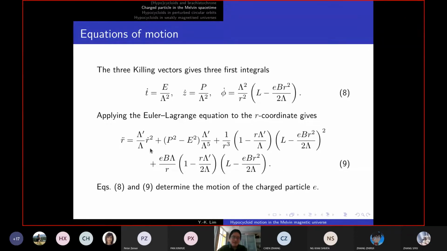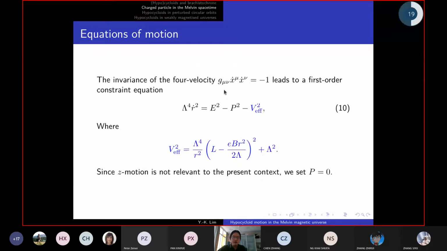But on the other hand, this equation is a bit messy. Although we can solve it numerically, it's hard to extract any intuitive information. What we really want is some analytical solutions, whether approximate or not. To do that, we can get a first order equation for r, because a charged particle will have invariance in the velocity 4-vector, right?